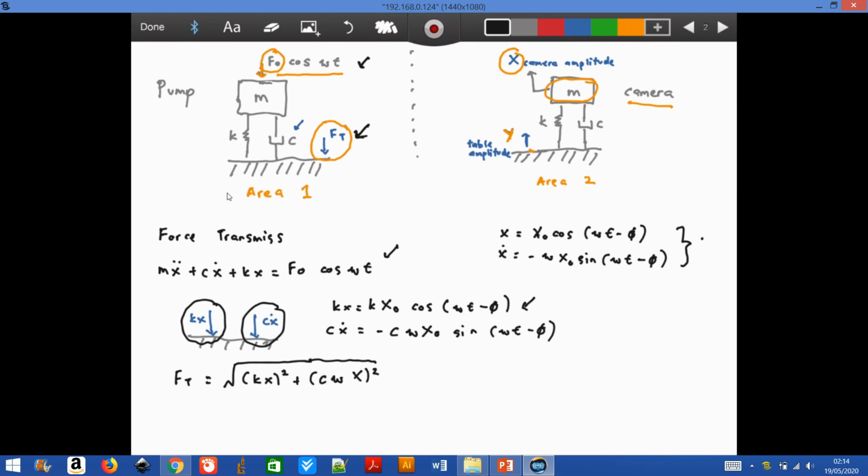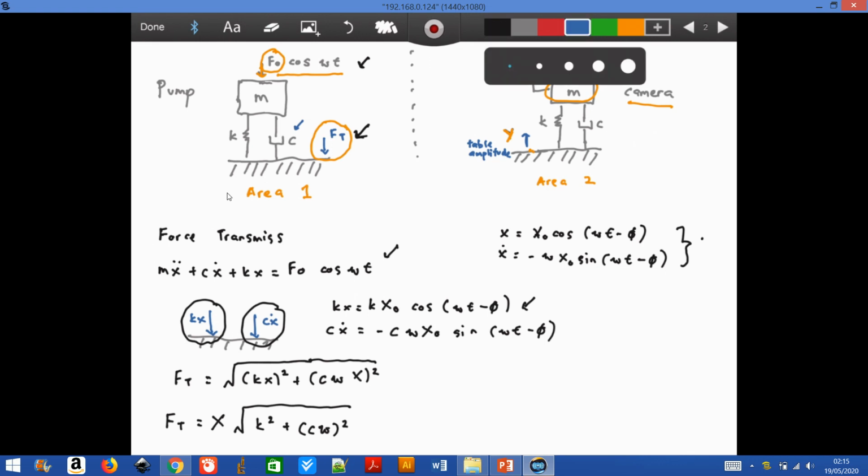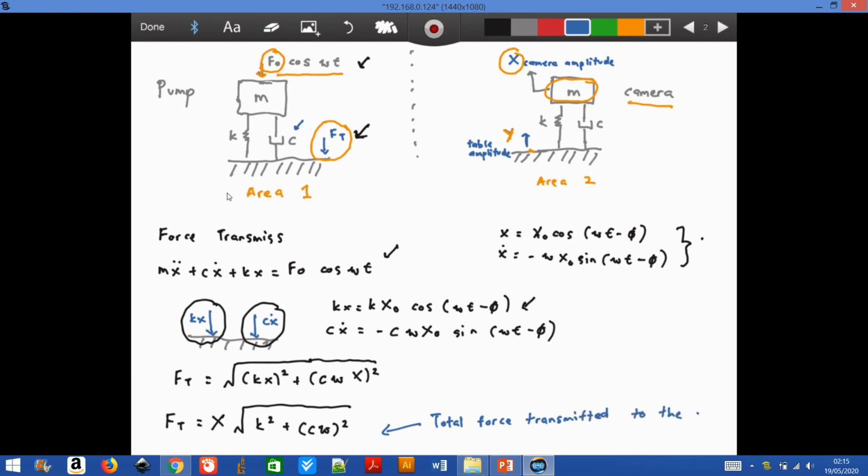And if I factor out the xo, it becomes Ft equals xo times the square root of k squared plus (c omega) squared. So this is the total force transmitted to the ground in area 1.